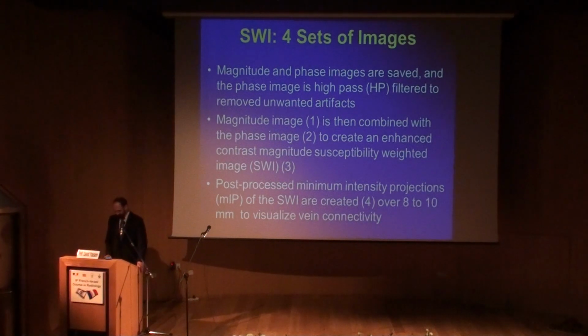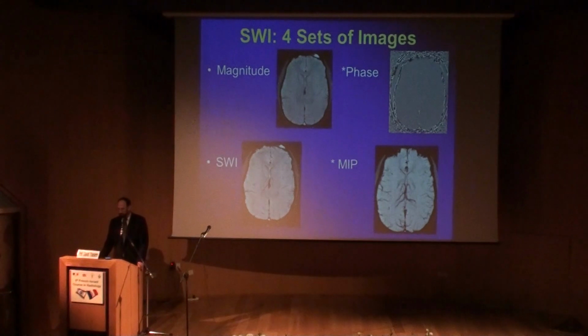And we do that with the entire brain covered over 8 to 10 millimeter slices. So these are the 4 different sequences that you might see on an SWI pulse sequence. You have the magnitude, the phase, which is filtered, the SWI, and finally the MIP, which is the one that we usually use clinically to look for the blood products.